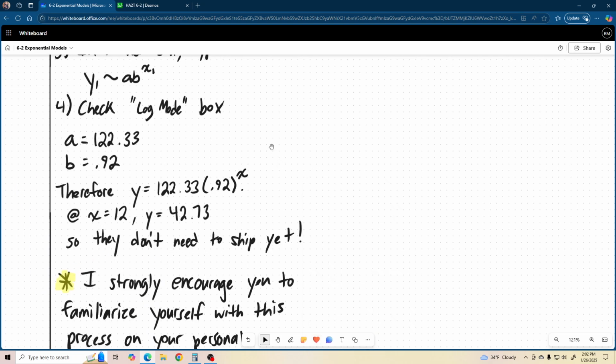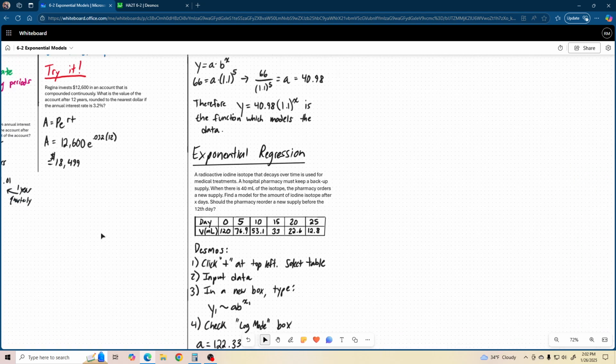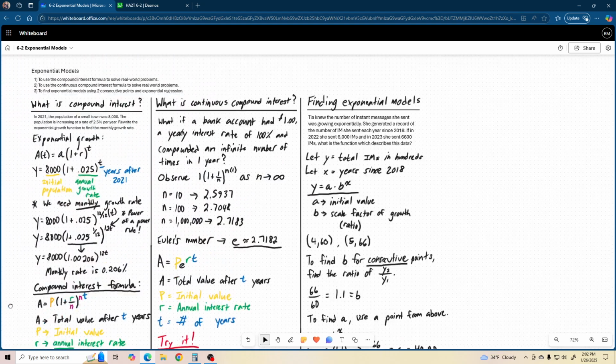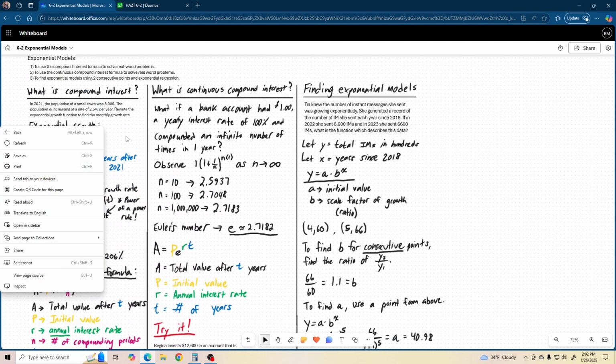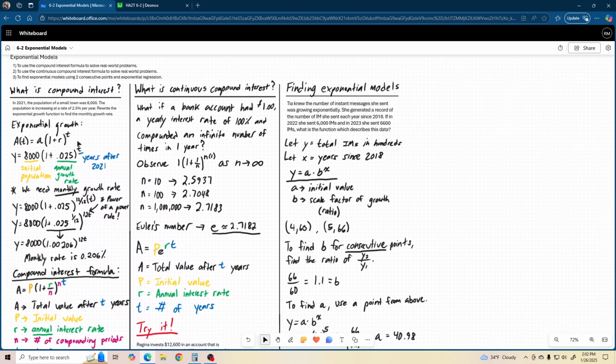All right. Well, as far as the concepts for this lesson go, that's just about it. So first of all, we started off by very quickly reviewing exponential growth and then going into compound interest, the compound interest formula and all that stuff where we compound a specific number of times. And then we went into continuous compound interest where we talked about Euler's number, which is e.